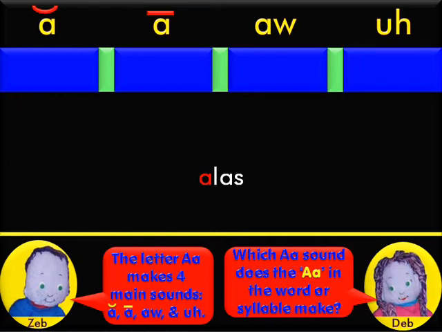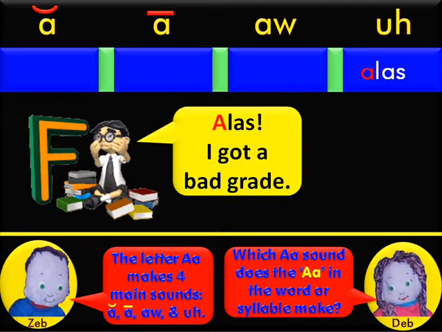Which slot does it float into? Did you get it right? Well, then I won't have to say, alas, you got it wrong. And of course, here's this character saying, alas, I got a bad grade.